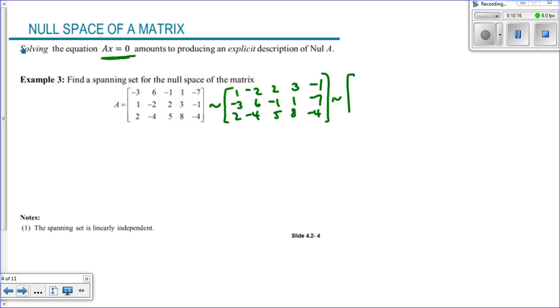Okay, now I'm going to get column 1 taken care of here. 3 times row 1 added to row 2. Now negative 2 times row 1 added to row 3.